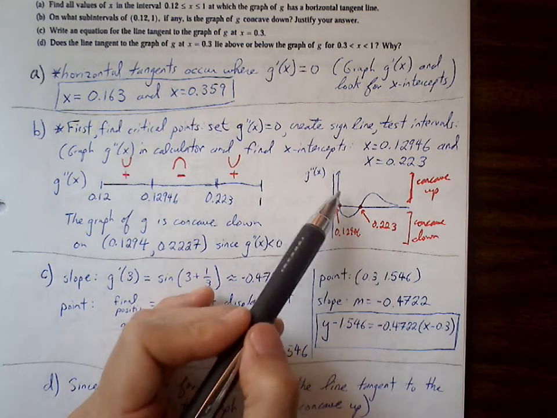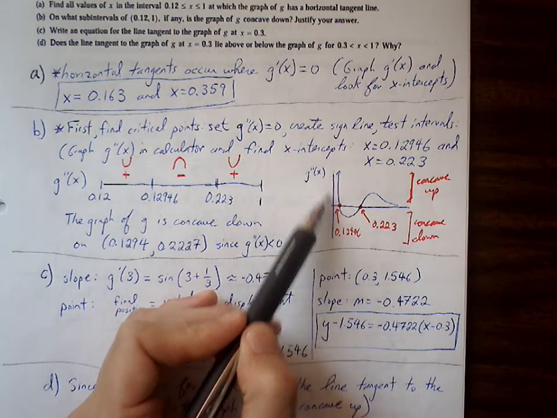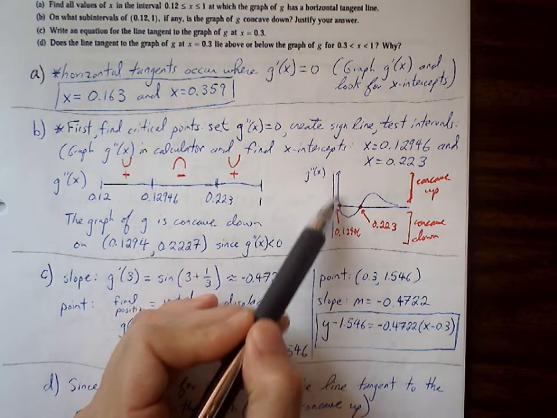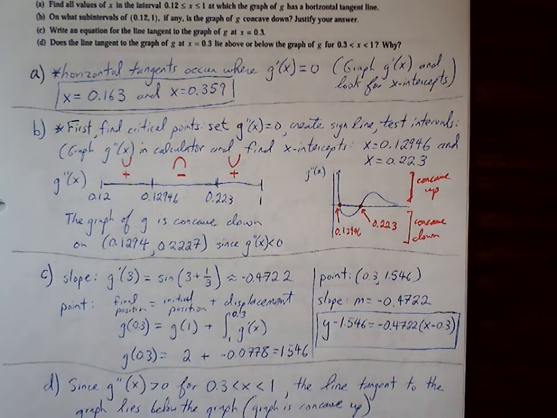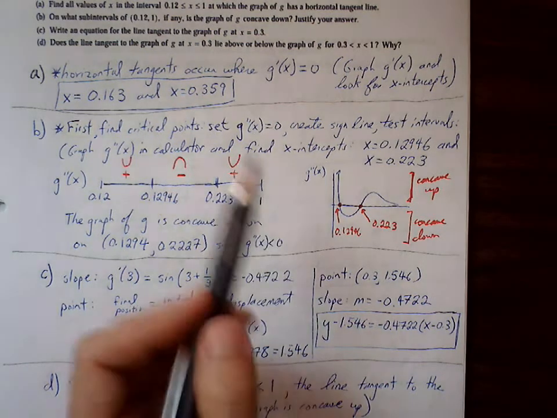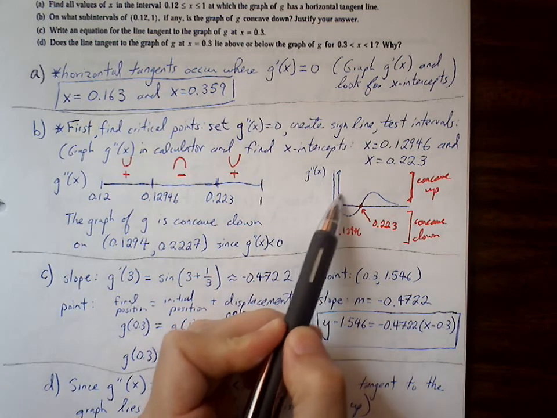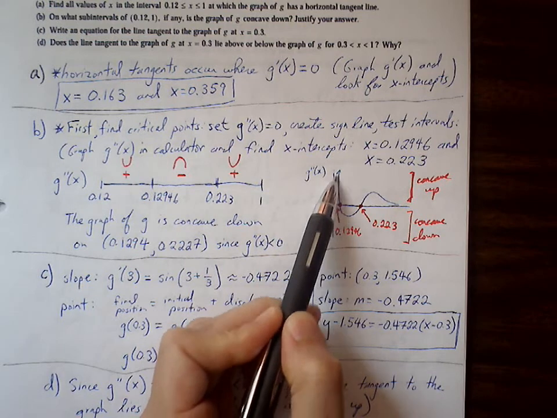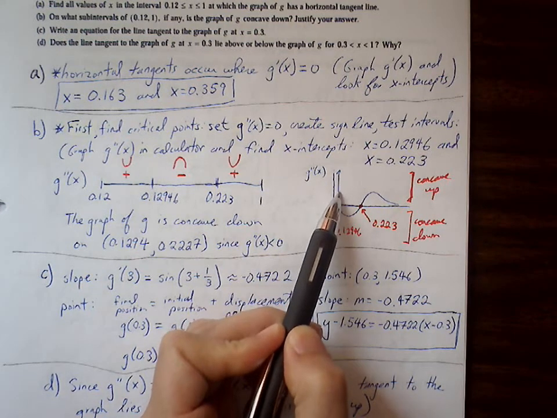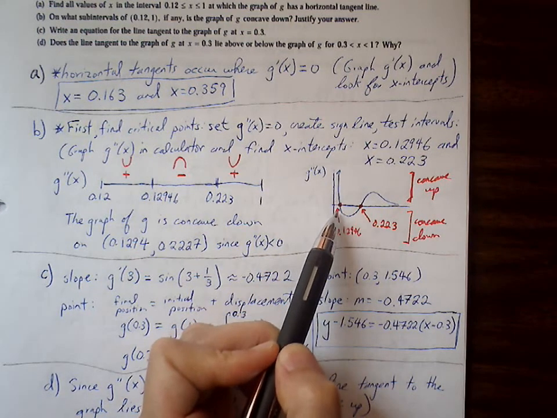And then we can just look at the graph, right? If we're dealing with the second derivative function, the location will tell us whether the original graph is concave up or concave down. So anywhere that g double prime exhibits a value above the x-axis, that means that's a location where the original graph is going to exhibit concave up.